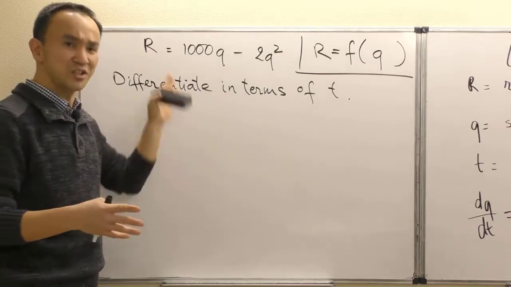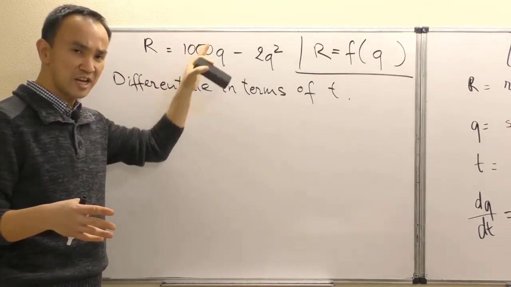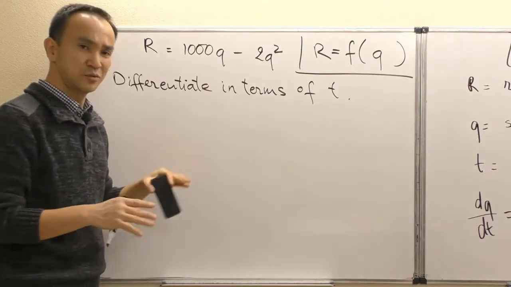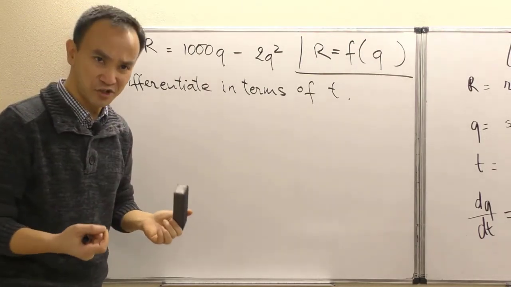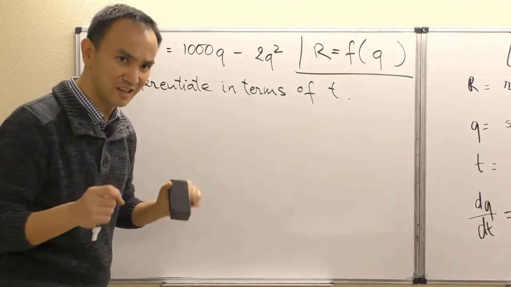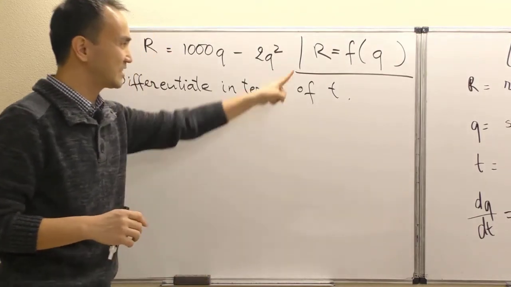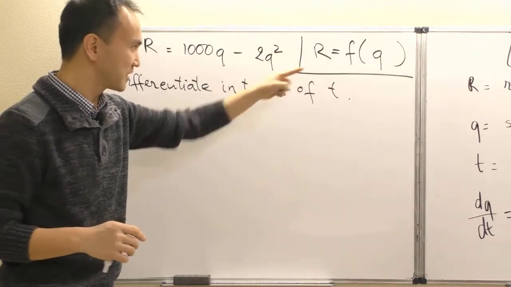So yes, you can just directly differentiate both sides in terms of t as this goal is indicating. But after viewing that lecture of mine, allow me to approach in a way that can save some effort for us. I see this is a function of Q.